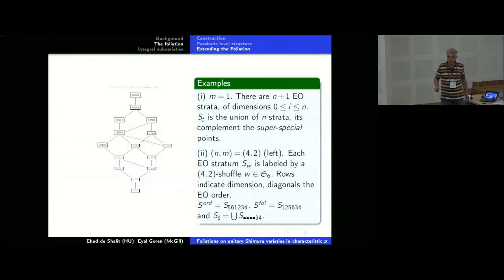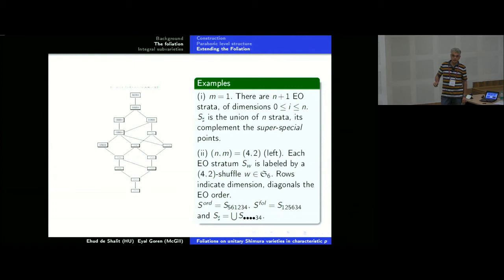Let's take this case, (n,m) equals (4,2). There's some combinatorics of permutations, of what's called (n,m) shuffles, that tells you, this theory of Moonen, how the Ekedahl-Oort strata are arranged. So here is the diagram. This is the ordinary one, of dimension 8. There is also a unique stratum in dimension 7. There are 2 in dimension 6, and so on, down through 5, 4, 3, 2, 1, 0.